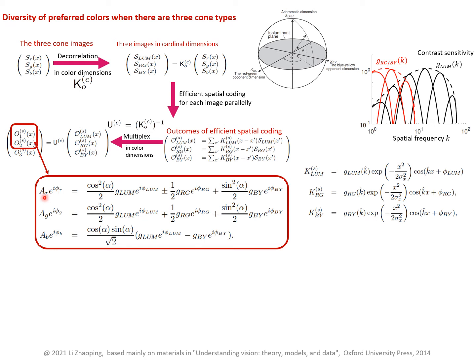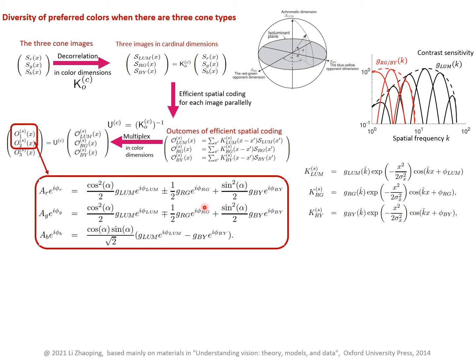A is the amplitude, phi is the phase for the receptive field Gabor filter for the red cone, and this is for the green cone, and this is for the blue cone. Now remember, this alpha is a value used in this matrix. We have learned that before. But this is a very complicated mixing of these three filters according to the gain and phase.